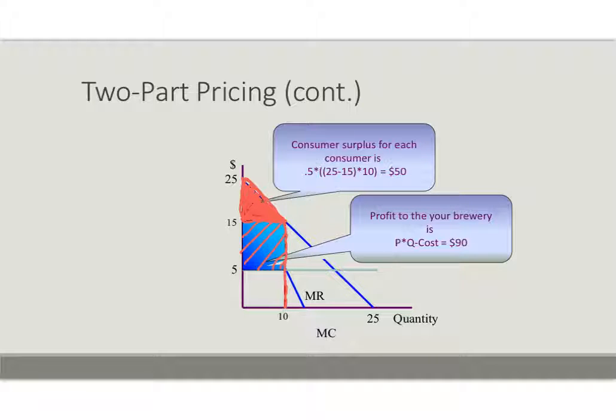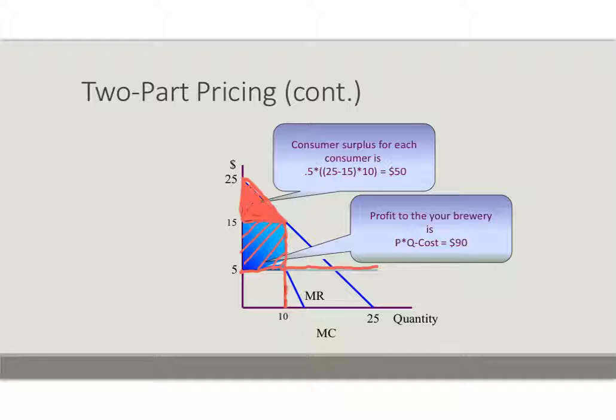So that's money that consumers are getting, that price discrimination you want to try and capture. Okay, so you see that $50 out there. You see your profit of $90 and you think, I'd like to find a way to capture some of that. So what if, instead of just charging $5 per pint of beer or whatever the increment happens to be, what if we institute a two-part pricing?